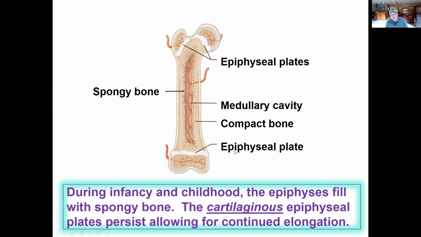So growth plates or epiphyseal plates are still hyaline cartilage. As long as you have epiphyseal cartilaginous growth plates, this bone can continue to lengthen. And of course, as the child grows, he or she gets taller, right? We all know that. That's because of the presence of epiphyseal growth plates.